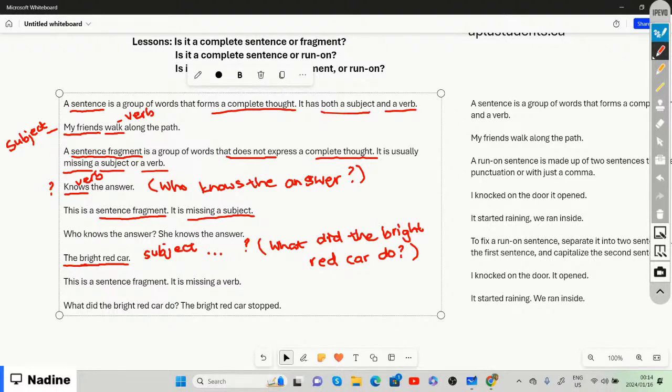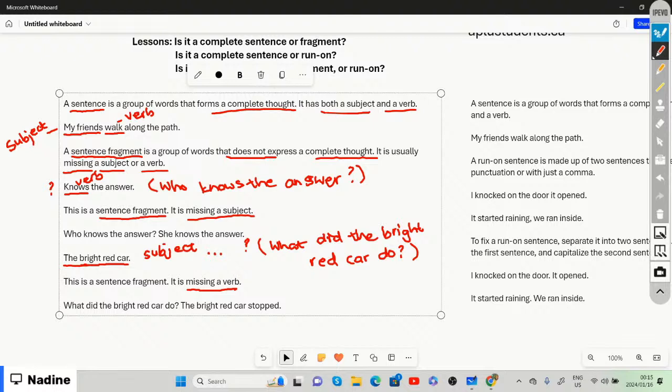In this case, we need to ask ourselves, what did the bright red car do? Because it's not telling us. All it shows within that sentence is the subject, no verb at all, which means that this is also a fragment, a sentence fragment that does not express a complete thought and is missing a verb.